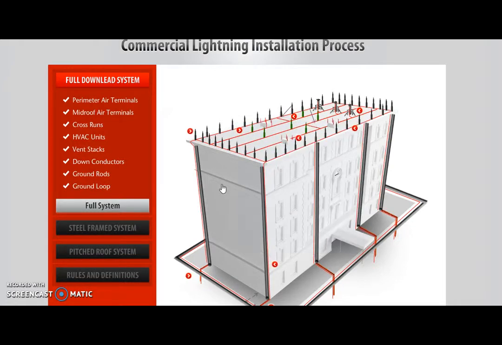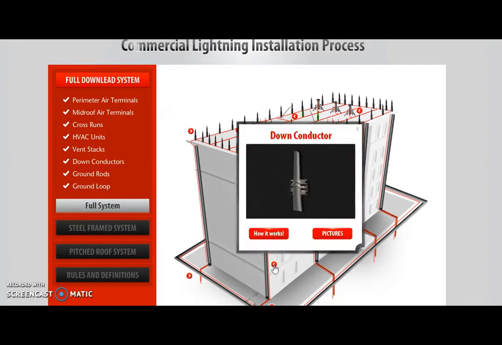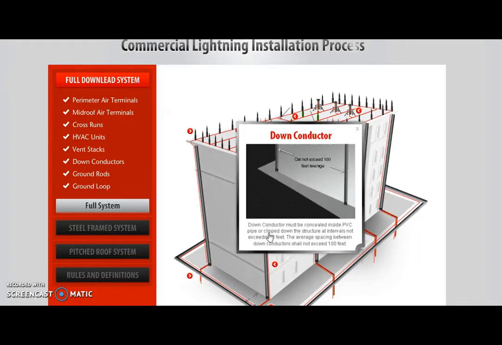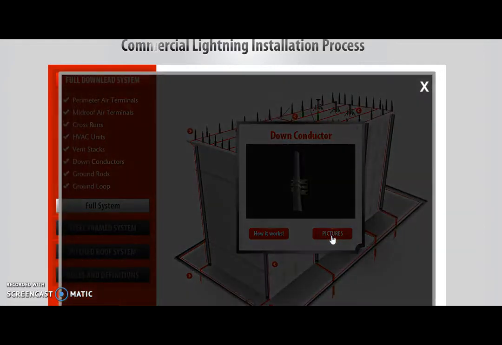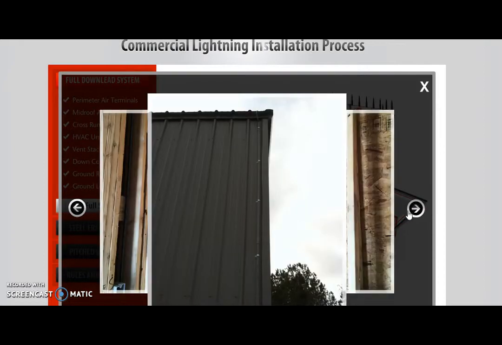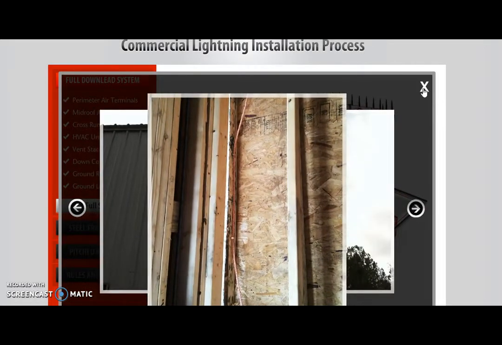All right, so it's kind of the same idea here. Let's check out the down conductors. You can click on this. You can view how it works. Same thing with the pictures, just to give you guys an idea.